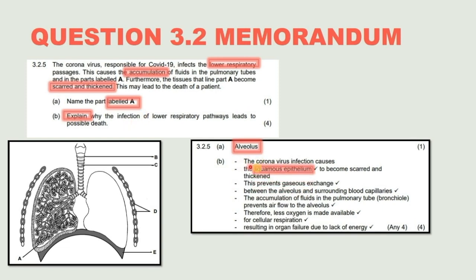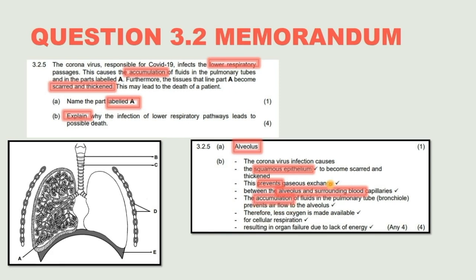So they started off saying that the coronavirus is an infectious disease, so there was no mark allocation for that. So this causes the squamous epithelial cells to become scarred and thickened. This is the tissue that lines the alveolus. Then this prevents gas exchange from taking place, between the alveolus and the surrounding blood capillaries.